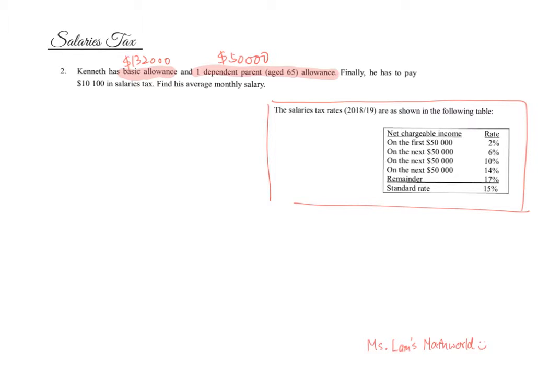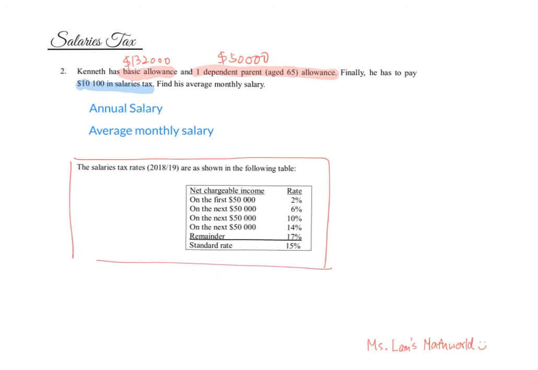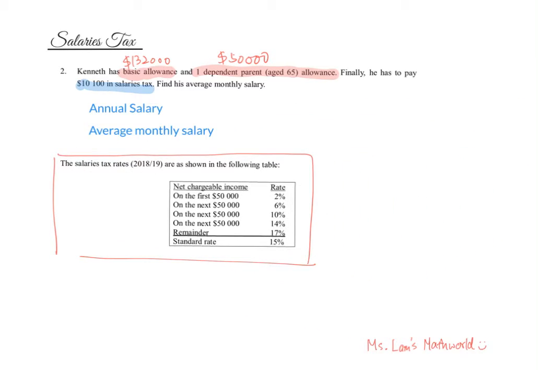Finally, he needs to pay salaries tax for this value. Then we need to find his annual salary first, and after that we find his average monthly salary. So we need to handle which parts of the tax payable are required.